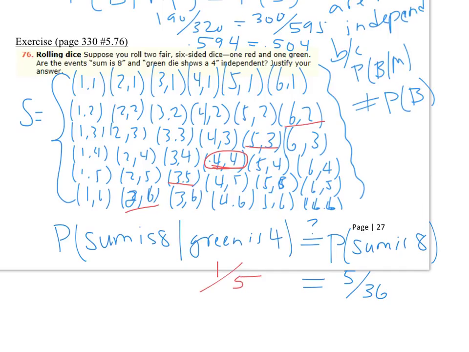So 1/5 is 0.2, while 5 out of 36 is equal to 0.139. And once again, since these two calculated probabilities are unequal, we would walk away thinking that the green die showing a 4 and the sum is 8 are not independent.